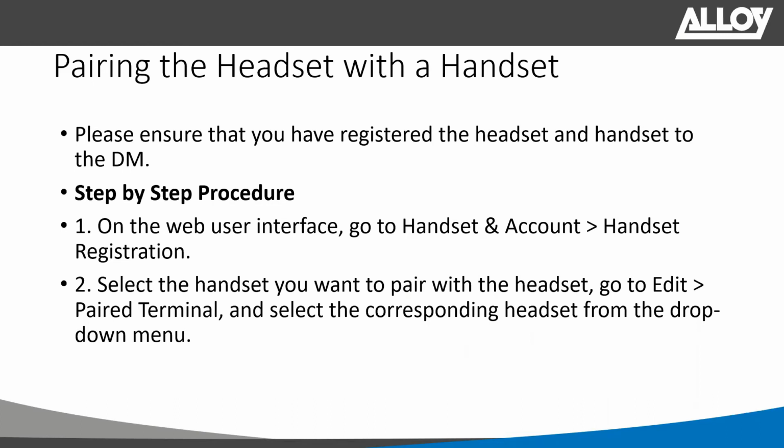You can't make an outbound call if you don't pair it to a handset extension. So that's really the difference. If you want to have it for inbound only, then you don't need to pair it to another extension. And if you do want to be able to call one particular number back, like the last dialed number, then you pair it to a handset.